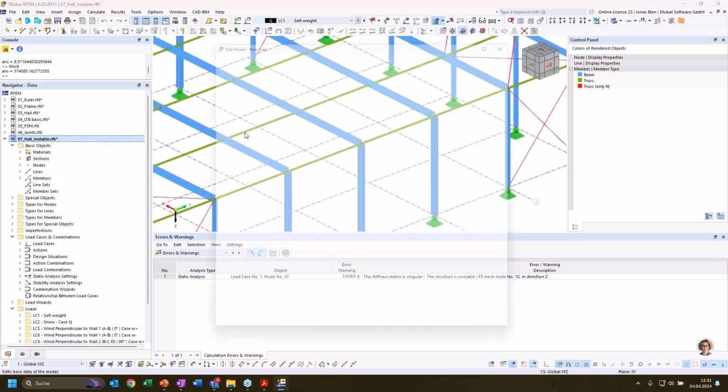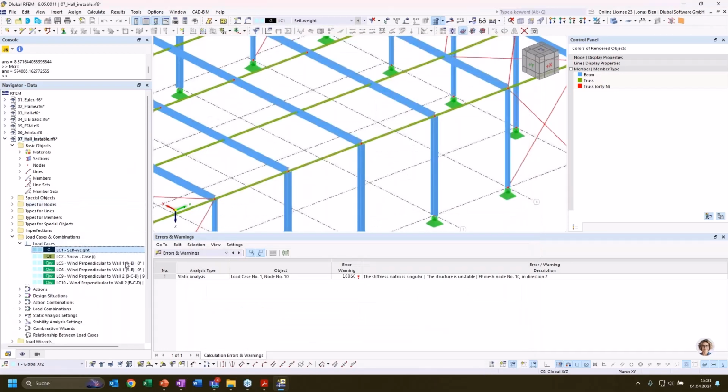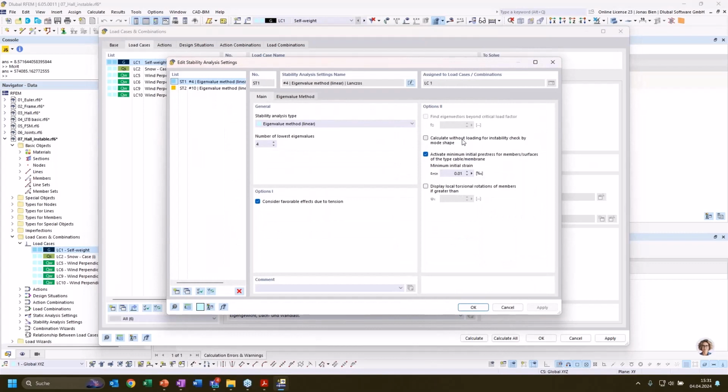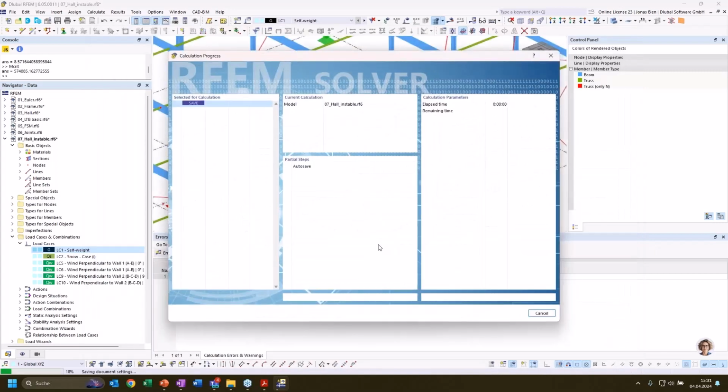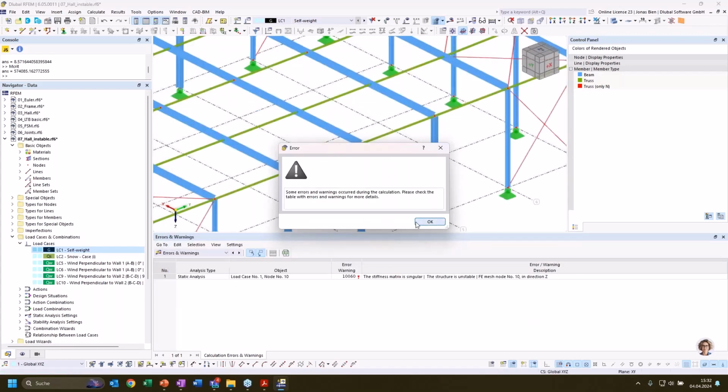I could now activate my structure stability add-on and conduct an eigenvalue analysis with a specific setting, which is this one here. So in this case, when I want to check for instabilities, I can say that it should calculate eigenvalues without loading for instability checks. So it would look for eigenvalues of 0 value and calculate the respective eigenvectors.